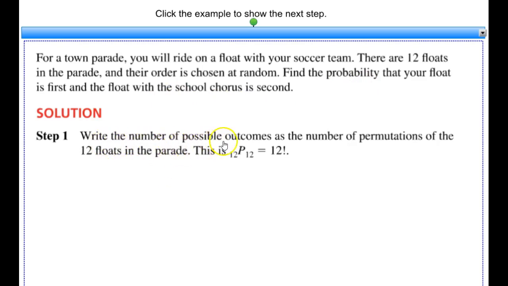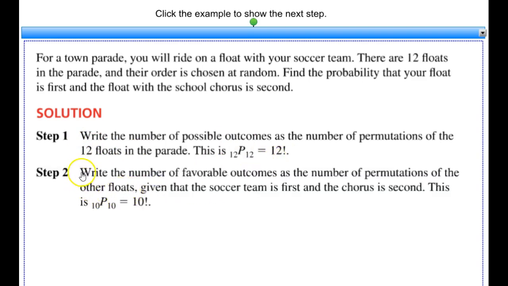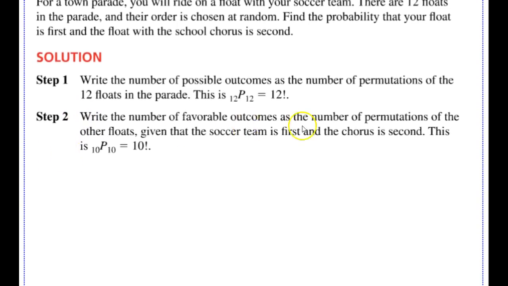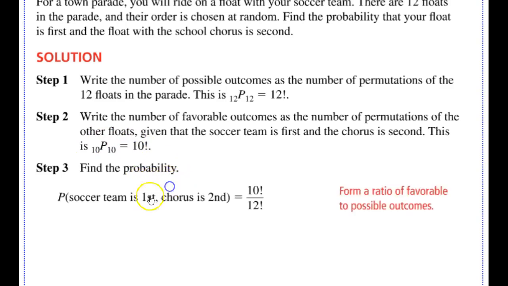So I write the number of possible outcomes. There are 12 floats in the parade, so I know that that's my total. The second part is I'm going to write the number of favorable outcomes, which is the permutations of the other floats, given that the soccer team is first and the chorus is second. So this is going to be my 10 factorial. Now I just have to find my probability.